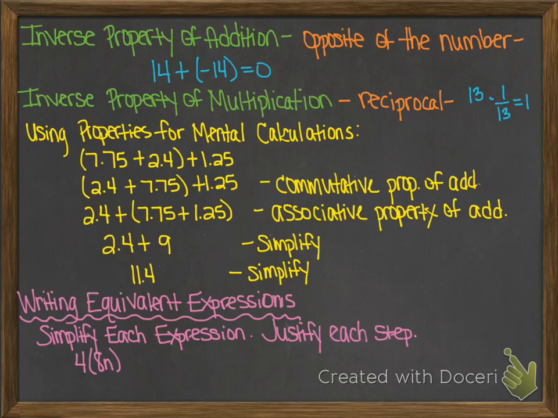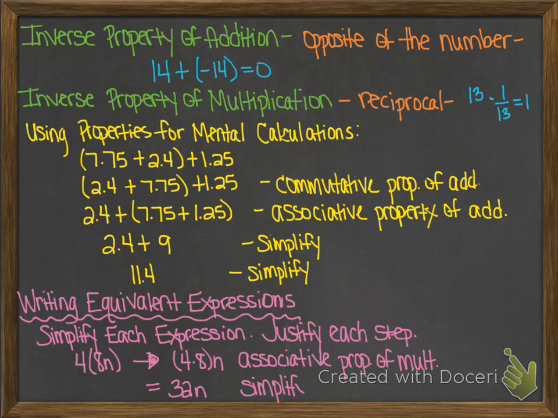Well, let's simplify this. The first property I can use is going to be the associative property of multiplication. I want to rearrange those grouping symbols so that I can do 4 times 8. Okay? Once I do that, I can do 4 times 8, which is 32, keep my n, and if I were to justify that, simply all I did was simplify.